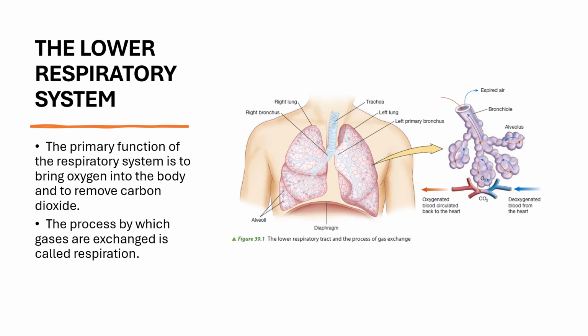Ventilation is the process of moving air in and out of the lungs. As the diaphragm contracts and lowers in position, it creates a negative pressure that draws air into the lungs and inspiration occurs. During expiration, the diaphragm relaxes and air leaves the lungs passively with no energy expenditure required.